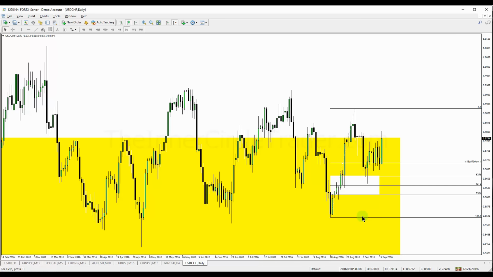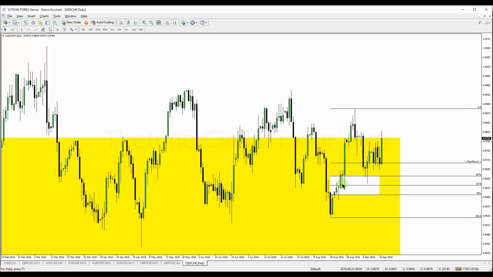I'm not talking about supply and demand zones. It's not really defined in that sense, but it's a total area of valuation where between equilibrium and less, it's in a discount.